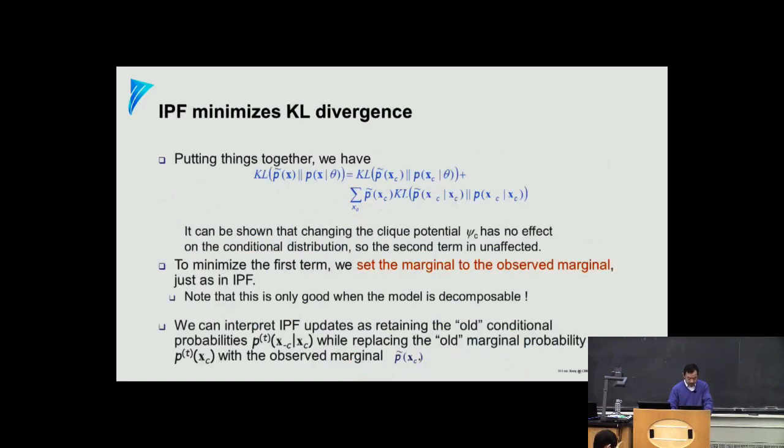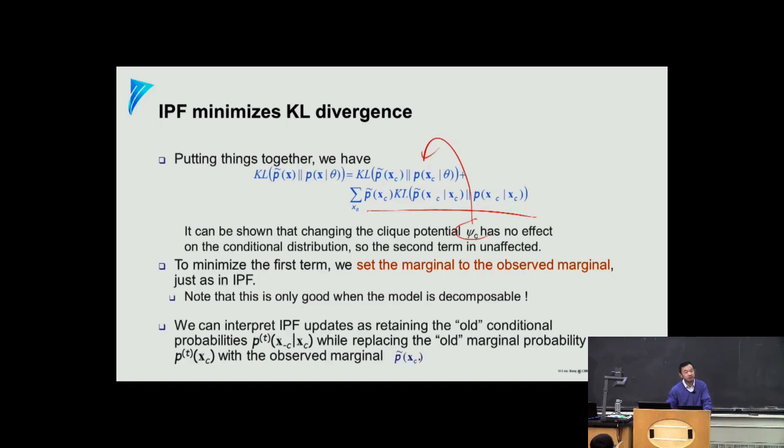Okay, that's it. And then our goal is to basically find this potential phi c. And you can show that they are not going to affect this part, because in these distributions, this potential is not going to play a role. Okay. So at the end of the day, this one is only going to affect this particular term.